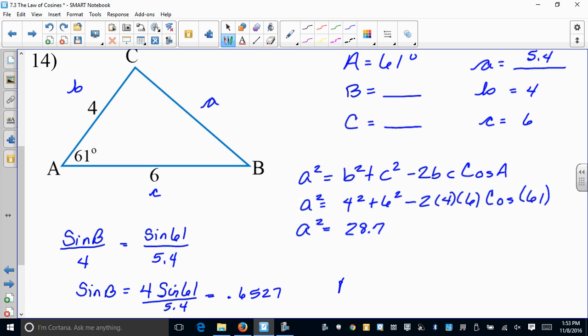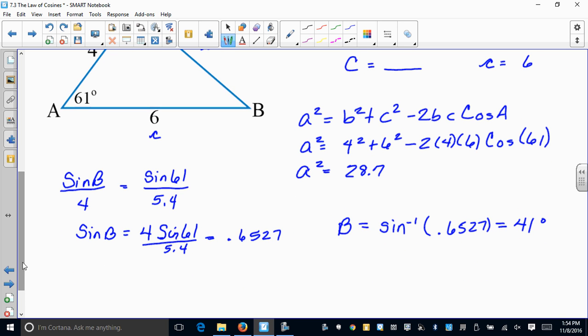And then you do angle B equals the arcsine. Remember, we use arcsine to find an angle of 0.6527, which gives us an angle of approximately 41 degrees. And now from here, we can use our angle sum theorem.